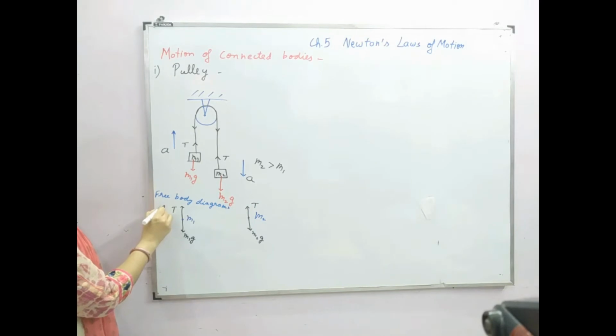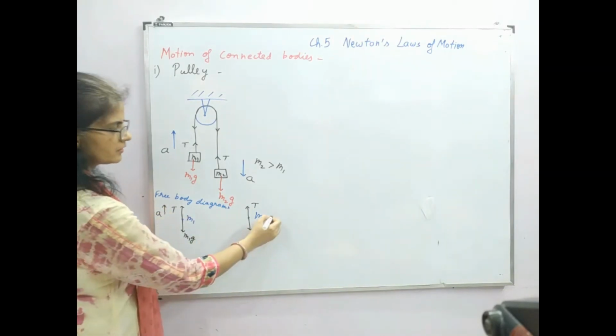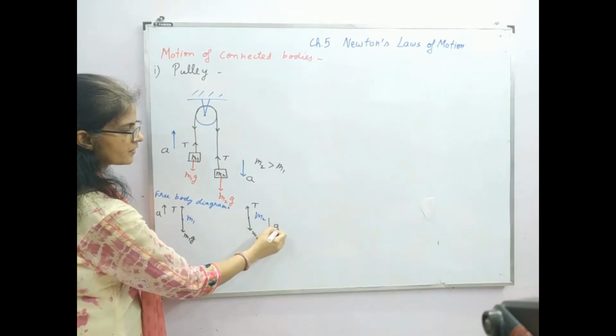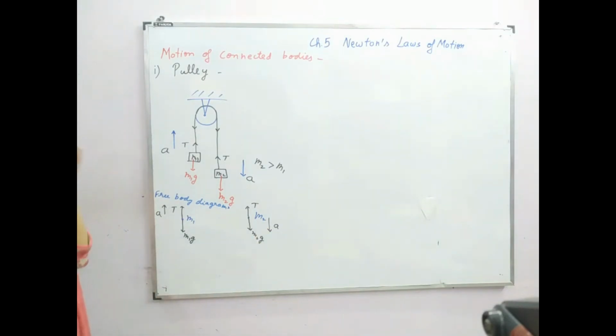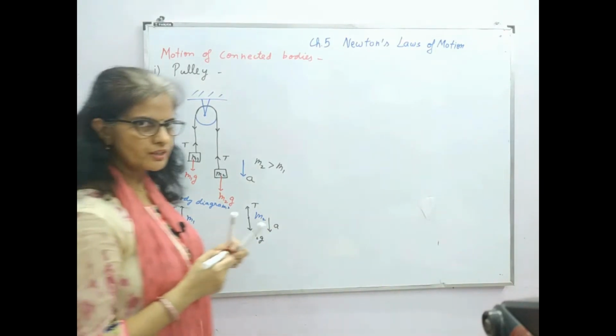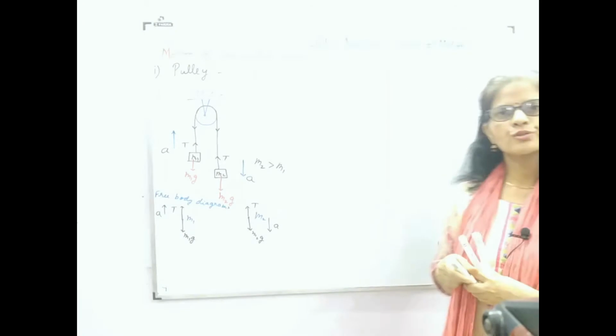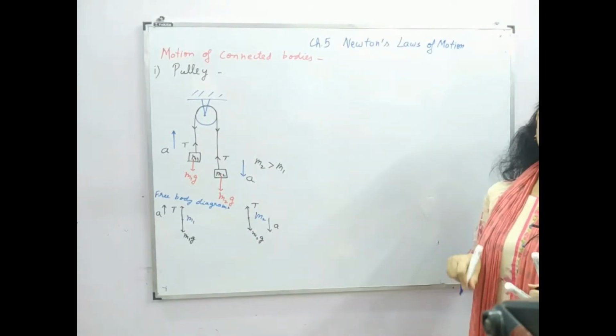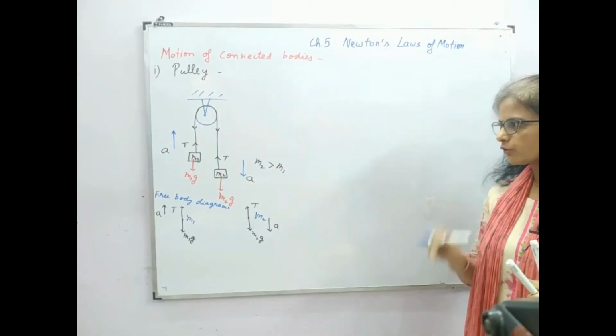Now this system is moving with acceleration this way. This system is moving with acceleration this way. Now these are the free body diagrams. Now what are we supposed to do? With free body diagrams, we can write the free body equations.